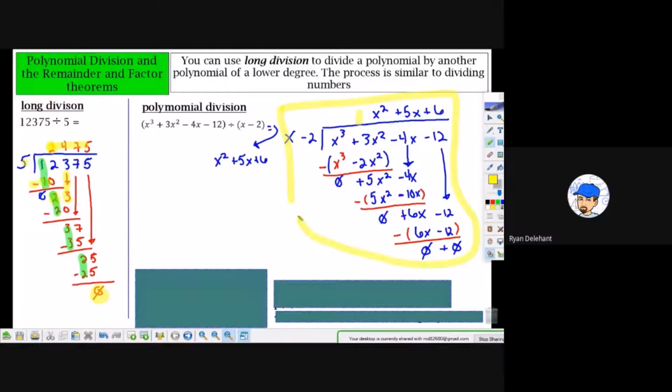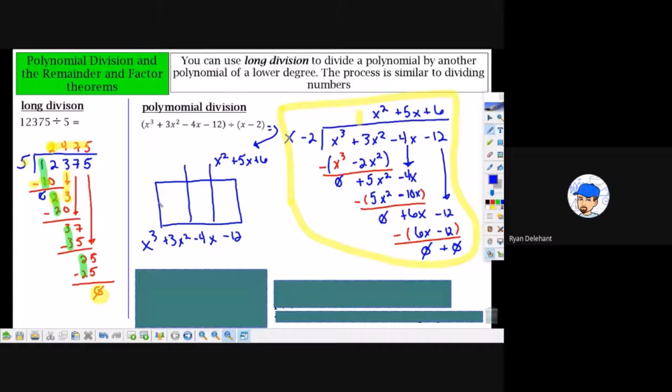This told me that answer. When we did this with a box, we drew the box, and we wrote the answer that we had, this part, underneath. We drew our rows, and we put this on the outside, and then the answer was this stuff on the top, which you're going to get the same thing as what we had here.